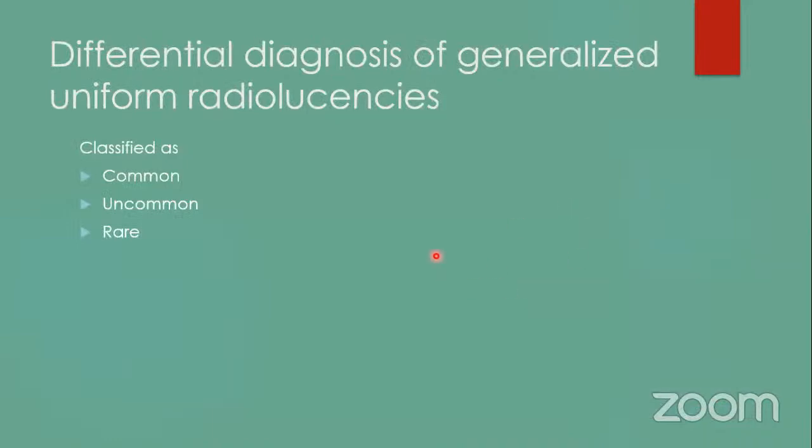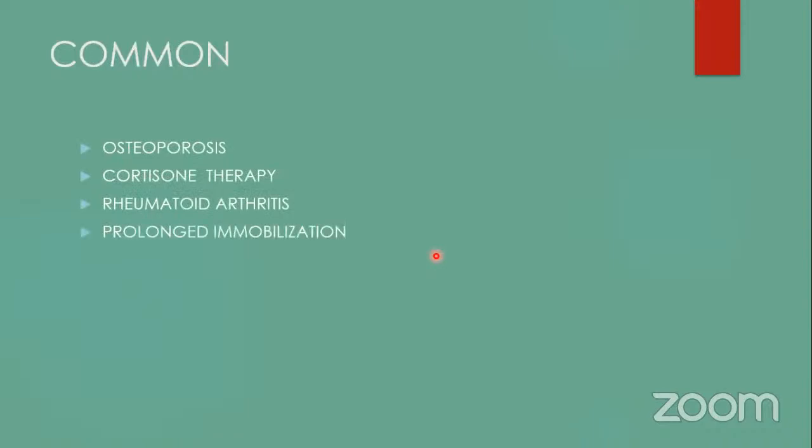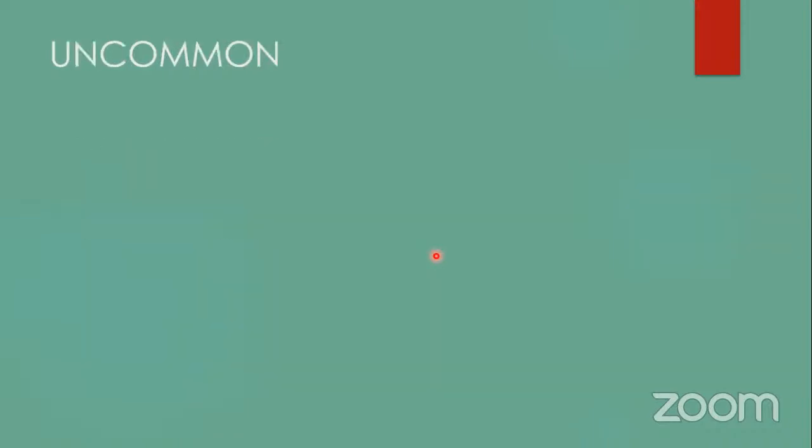When we look at the differential diagnosis of a generalized uniform radiolucency, we can classify them as common, uncommon, and rare. The common ones are something like osteoporosis, cortisone therapy, rheumatoid arthritis, prolonged immobilization. They will all cause thinning and a reduction in the density of the bone.